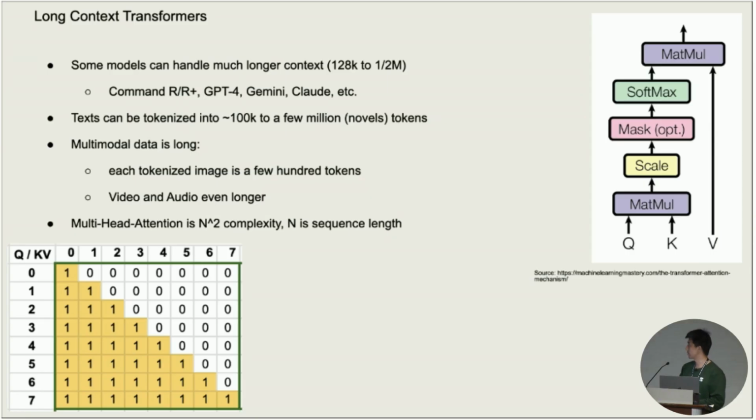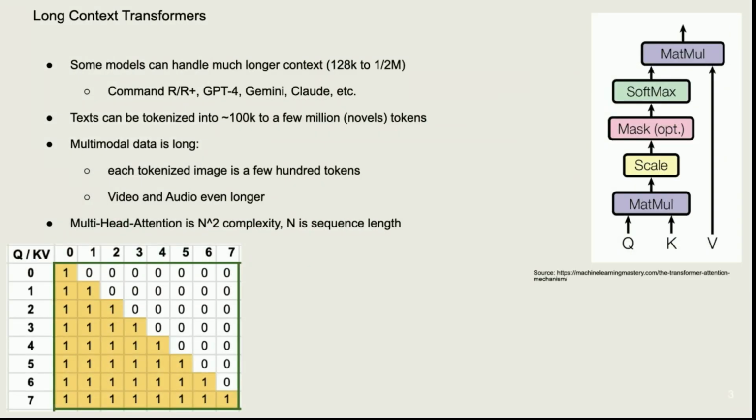So first, I'll give a very brief overview of transformers and also the long context models. On the top right corner, there's a picture you probably have seen many times when reading papers. This is the standard transformer model, the attention part of the transformer model. You map the input to queries, keys, and values, and then you perform attention between the queries and keys.